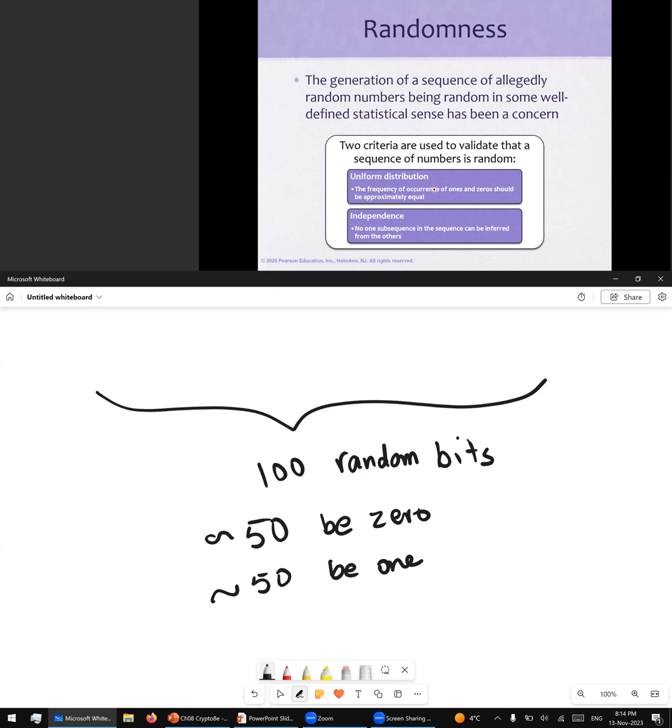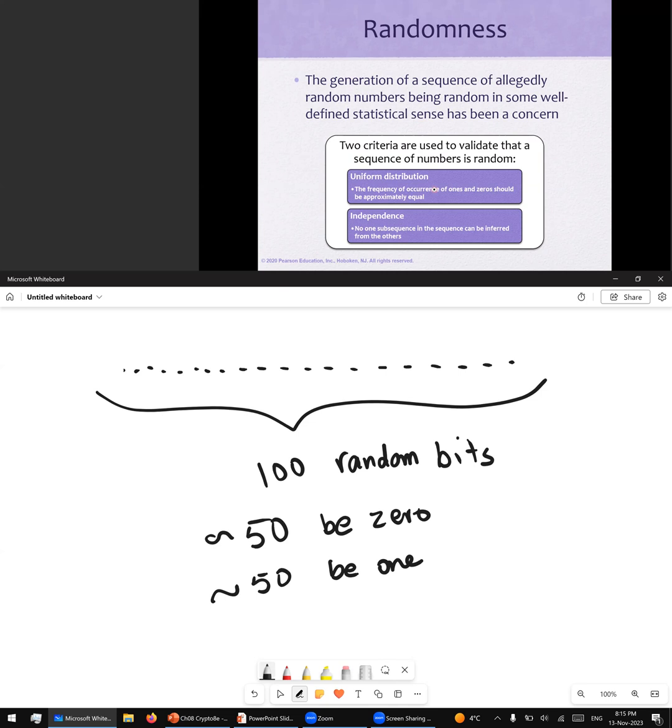And that's not what we want. We want roughly 50% 0, 50% 1, so that the adversary has maximum uncertainty towards the values here in the random bits that we have.